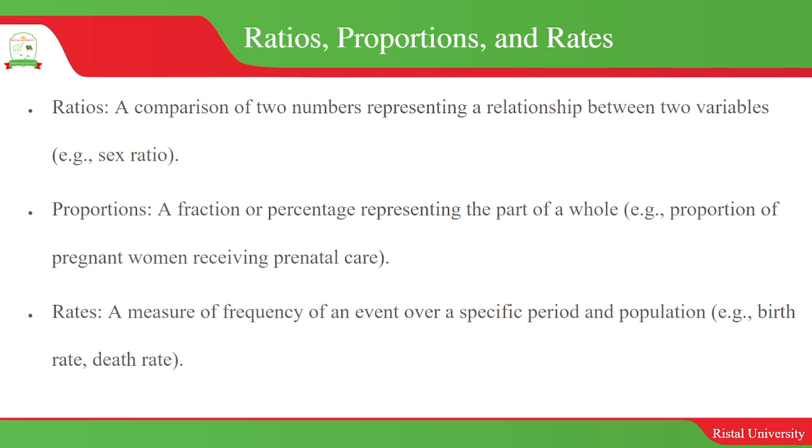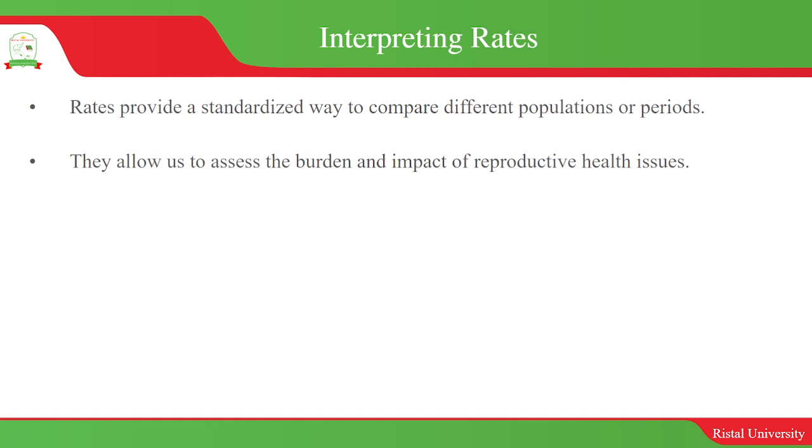So we have birth rate, we have the death rate and things like that. Those are rates. So having understood the three, we can now go into what they really imply in terms of health indicators or reproductive health indicators. The rates provide us with a very good indicator in terms of comparison with other populations.